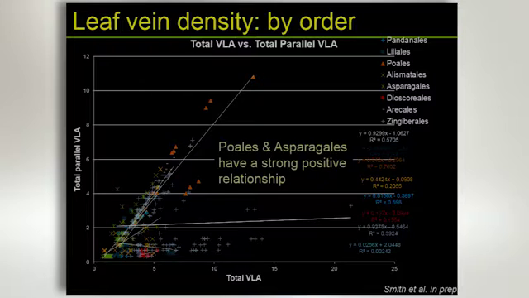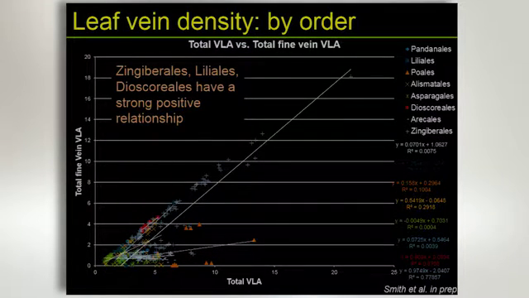Here, Poales and Asparagales have very different slopes among different orders, and this is reflecting the structure of the vein. So this is a way to quantify some of the vein architecture. If we look at total VLA versus the fine veins, we see strong relationships for Zingiberales, Liliales, and Dioscoreales.